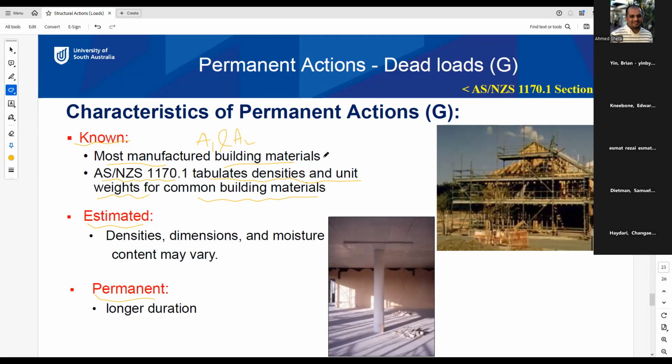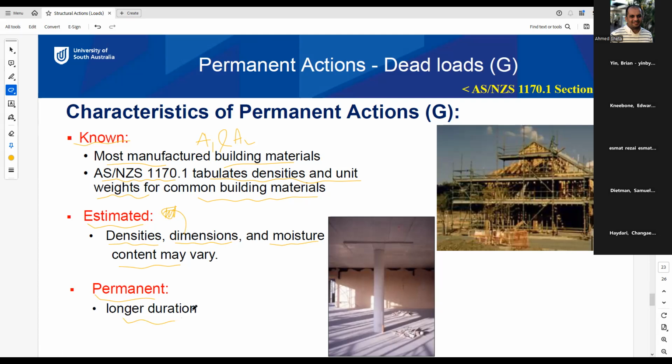Second, some materials are not commonly used, so we can estimate them using the densities of the materials and dimensions; moisture content may vary. For example, timber depends on the source of the timber, on the moisture content, and on whether the timber is seasoned or unseasoned. All of these are uncertainties in the material properties, so this can be considered as estimated.